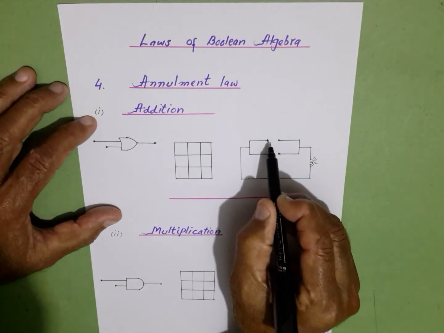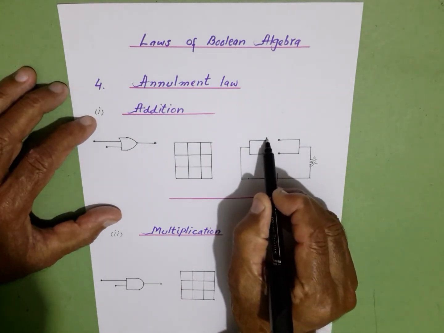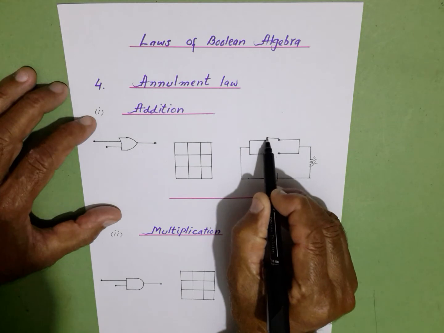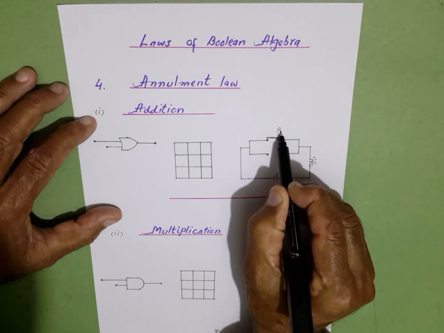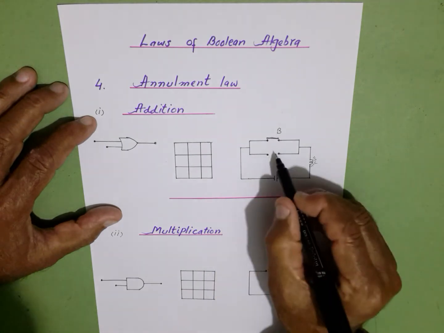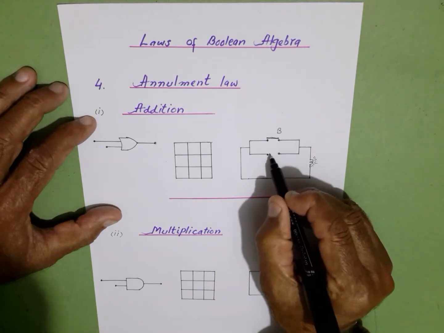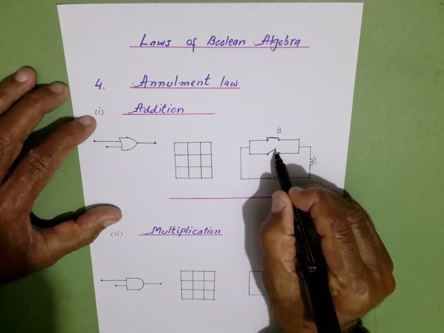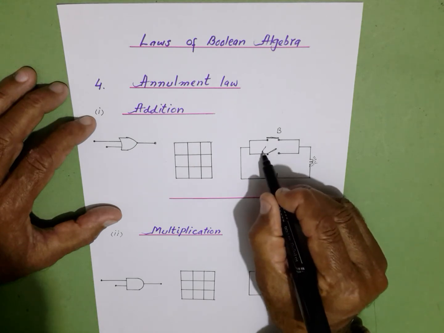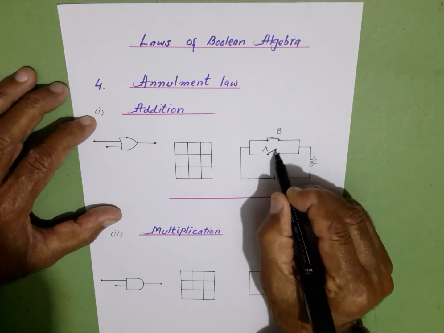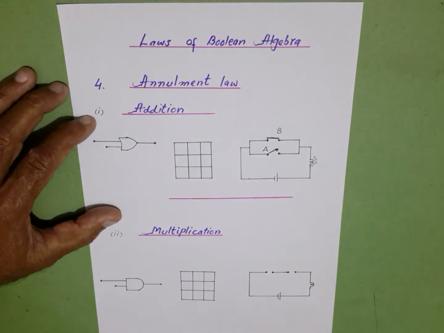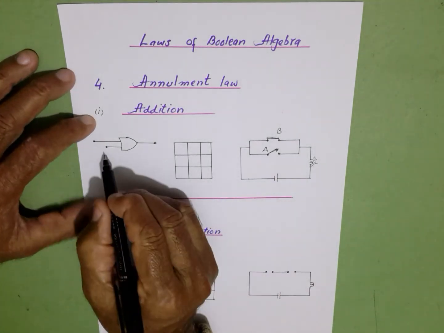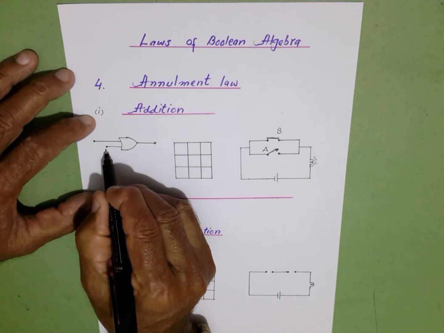Now this is the B switch. It is closed permanently. This is switch A. Now this is held at 1.